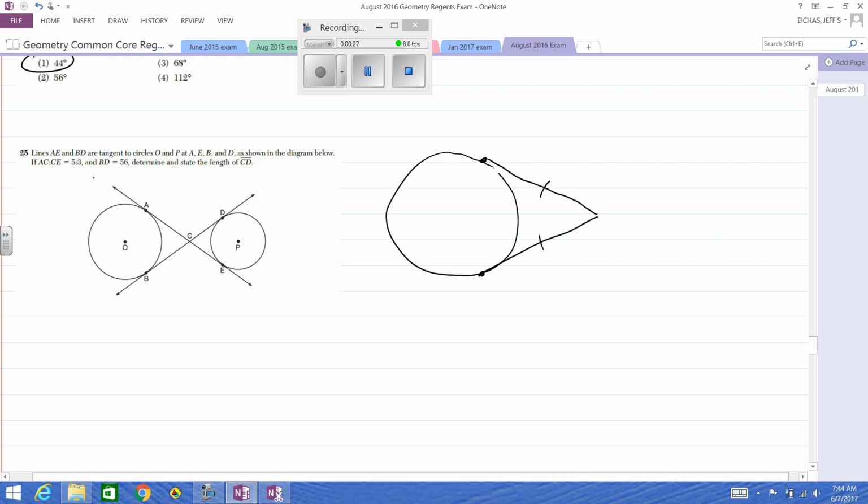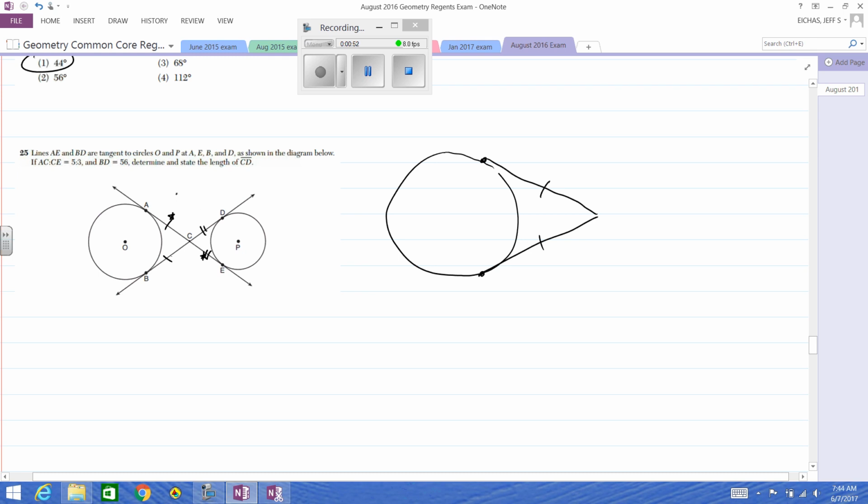So what they're telling us is AC to CE is in a 5:3 ratio. So these two right here. Well, whatever AC is, that's congruent to BC because AC is a tangent, and so is BC. So tangents to the same exterior point are congruent. Okay, those are the same. And then, of course, CE and CD are the same.